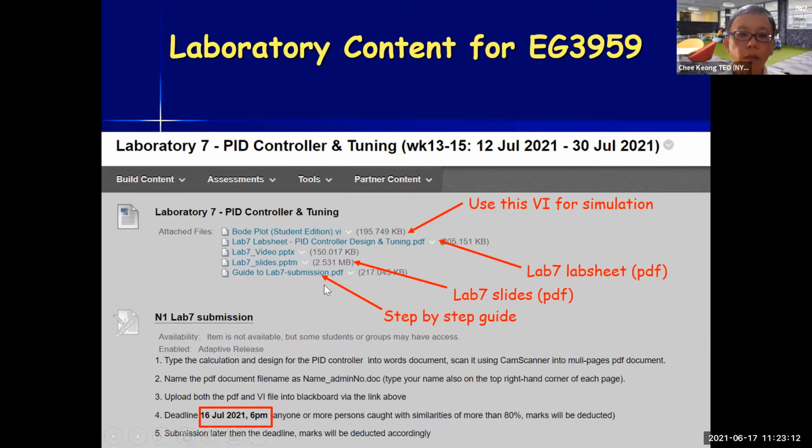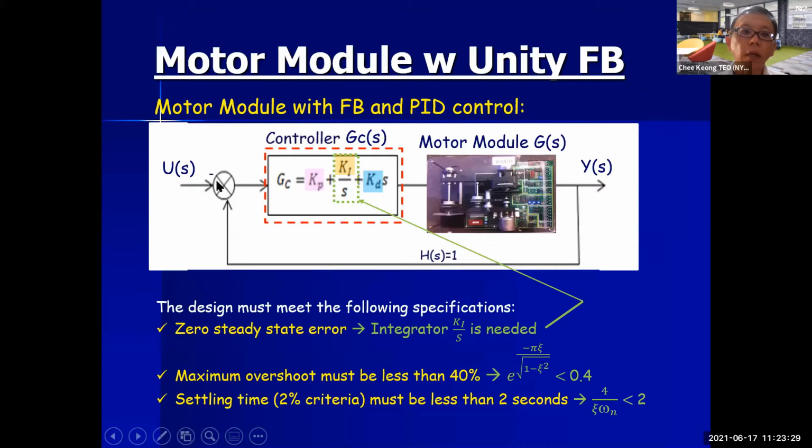But prior to that, there's a lot of theory and calculation which you can take a look at first, because this particular Lab7 theory and calculation is pretty complicated as compared to Lab5. Now, to begin with, as recall from last lab, which is Lab6, we did the motor module, right?